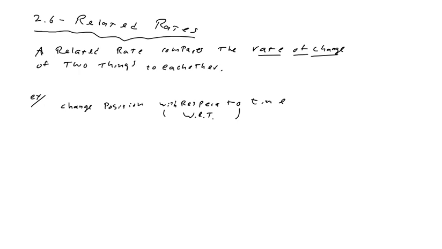So one example of a rate is you're changing your position. Position we usually use S, sometimes X, and time is T. So this is going to be the change in the position with respect to time. Your rate of change of position compared to the rate of change of time.